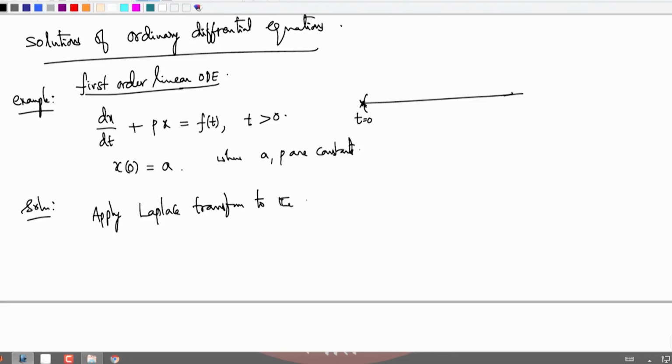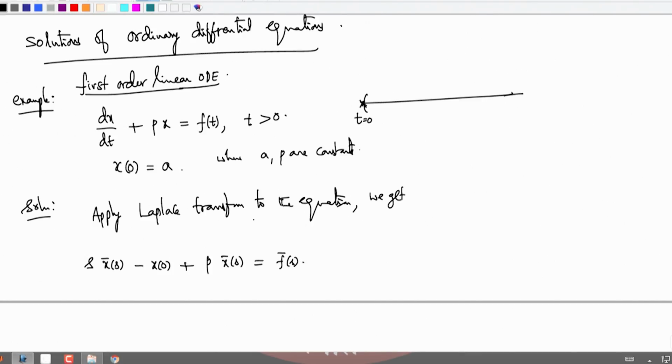If you apply the Laplace transform to this derivative, you get s times x bar of s, where x means x of t, the dependent variable, that is the Laplace transform, minus x at 0. So, this together is the Laplace transform of the derivative of x, plus p, a constant, times x bar of s, and this is equal to f bar of s.